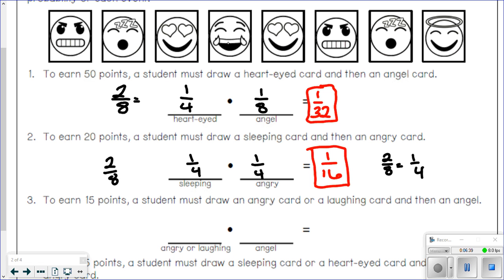One of those, so that's going to be 3 out of 8 that are laughing or angry. Okay? And I can't simplify that, so I'm going to go ahead and write it in here. And then the angel, there's only one of those, so that's 1/8. So let's multiply these together, and you get 3/64.